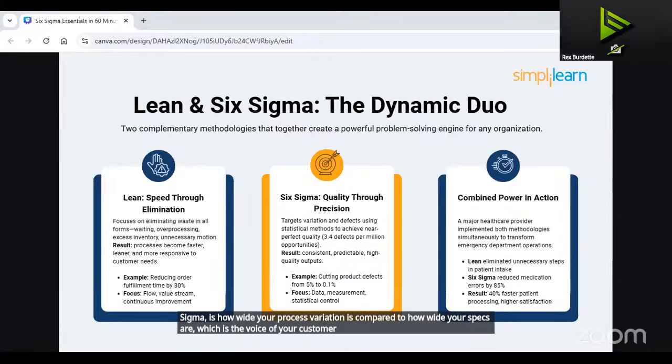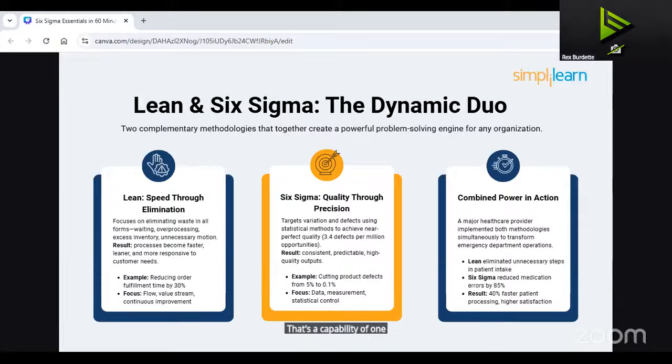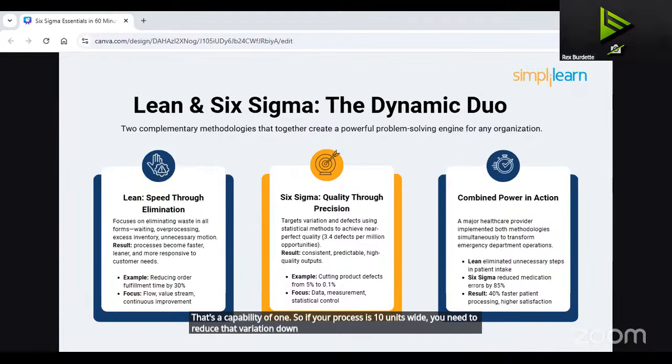My specs are, let's just say, 10 units wide, and my process is 10 units wide. That's a capability of one. So if your process is 10 units wide, you need to reduce that variation down to about 5 units wide, and you can fit it in there twice. That's an overly simplistic concept, but that's really what you're trying to do.